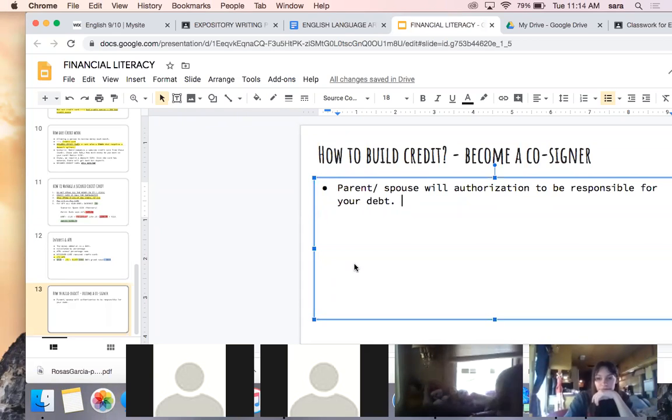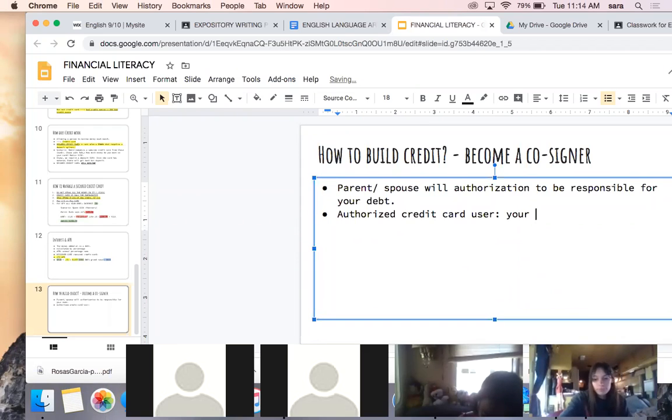How else can you build your credit? You can also become an authorized credit card user. What does this mean? This means your mom or your dad or family member gives you permission to use their credit cards.